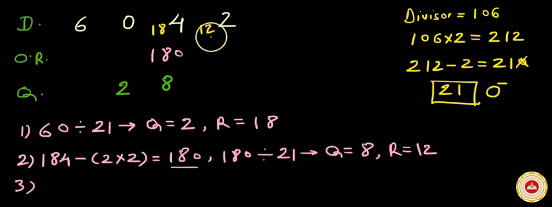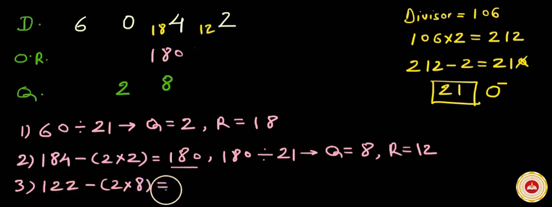Read this as 122. See, 122. 122 minus 2 multiplied by last quotient digit, which is 8. 122 minus 16 is 106.